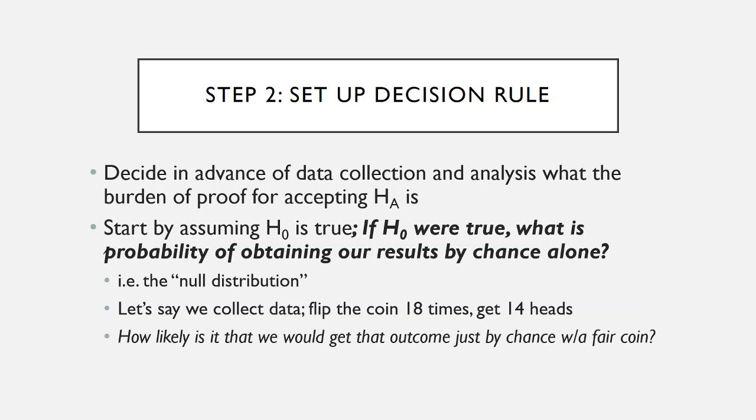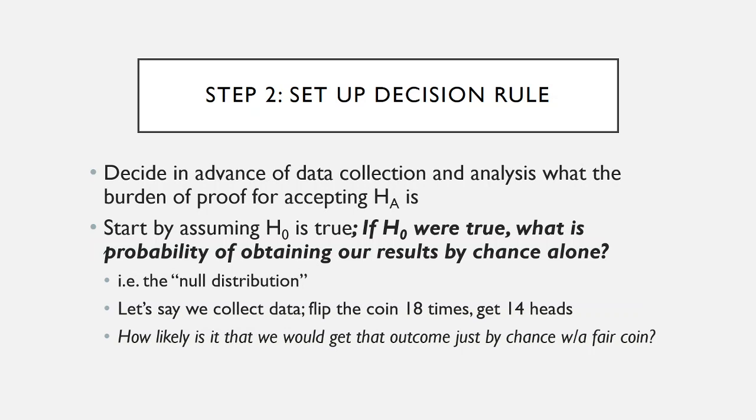This comparison of evaluating the likelihood of our outcome against the likelihood of it happening by chance is going to be constituted by what we call the null distribution. Essentially, when we do hypothesis testing to test for statistical significance, we're comparing our results to an underlying probability distribution that reflects the null effect.